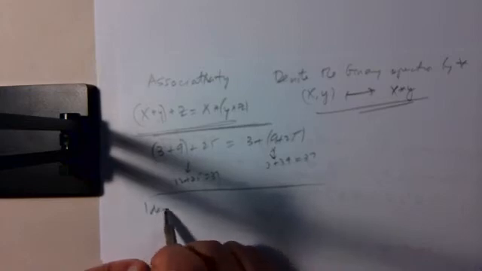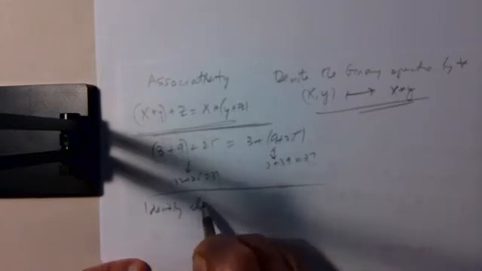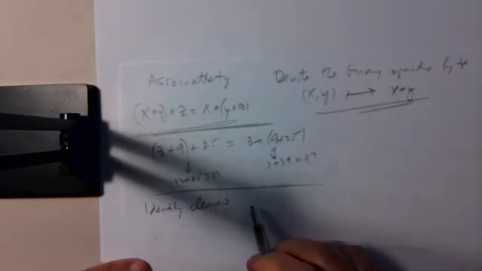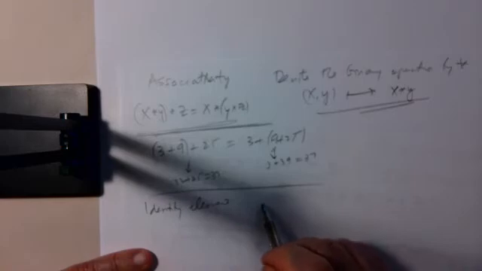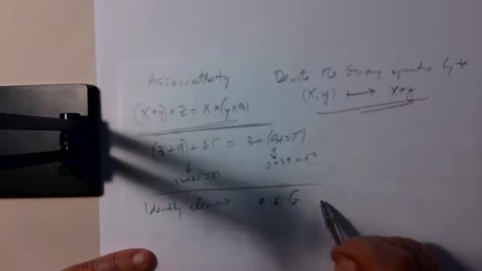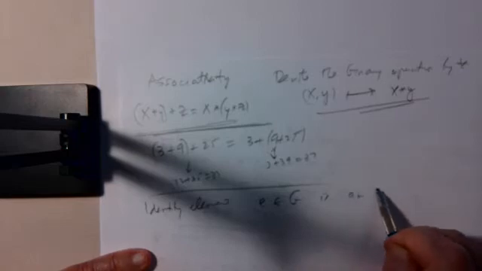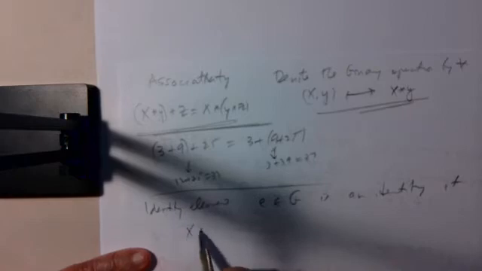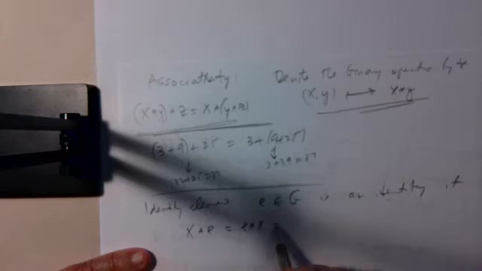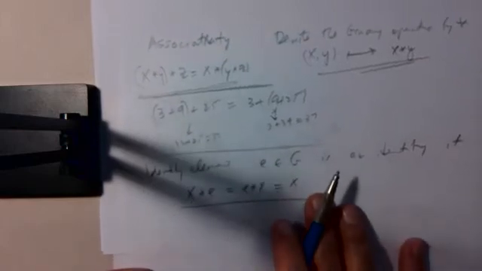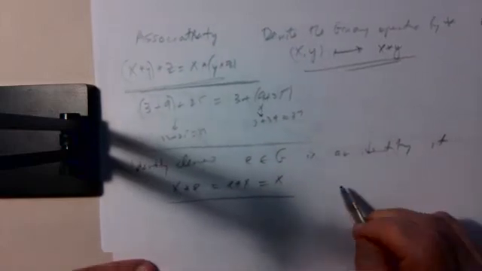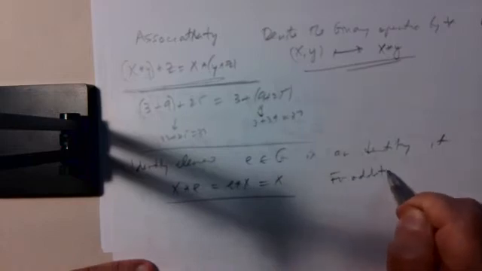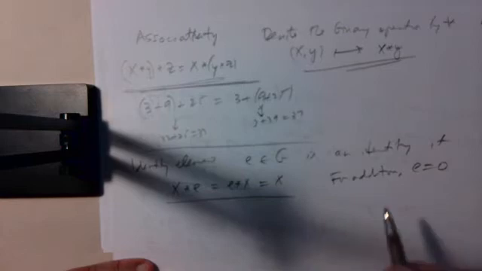Then there's the property of having an identity element. We say that the binary operation has an identity, an element E in the set G is an identity if when you look at X times E or E times X, they're both equal to X. So that's what an identity element is. For addition, the identity element is the number 0, right?